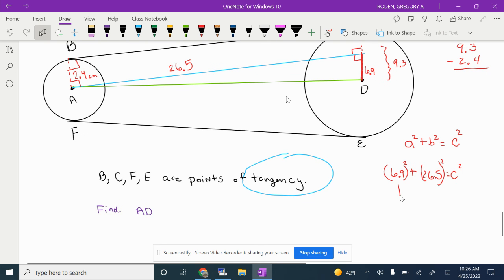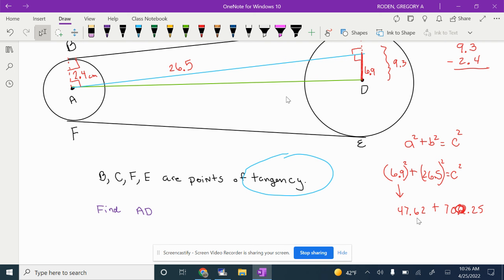Sam, what is 6.9 squared? 6.9 squared is equal to 47.62. Okay. Sam, what is 26.5 squared? 26.5 squared is 702.25. Yep. Sam, add those up.